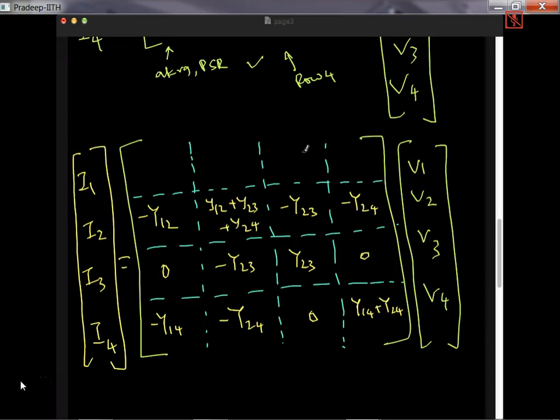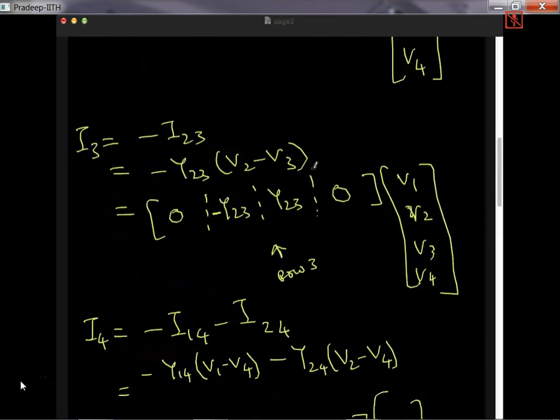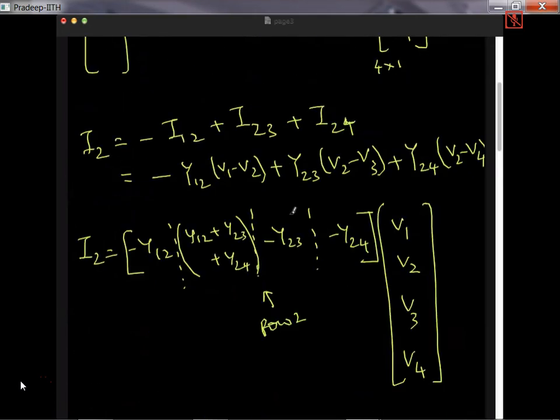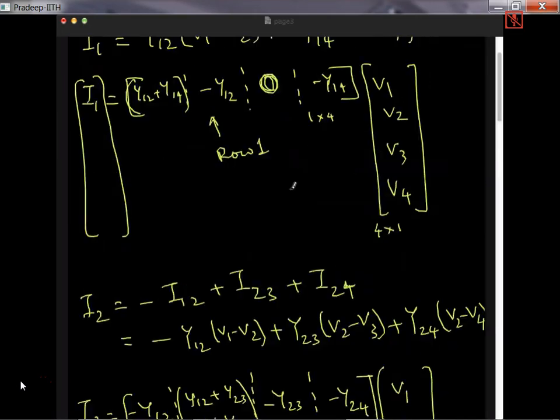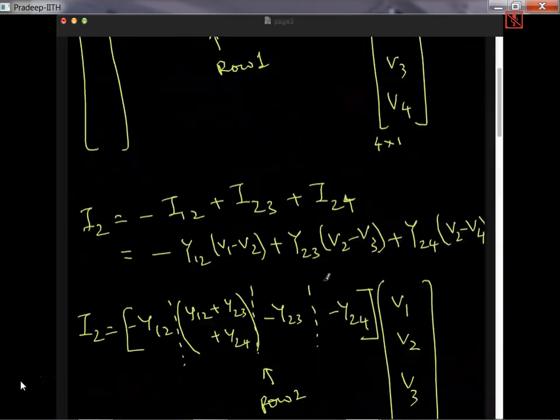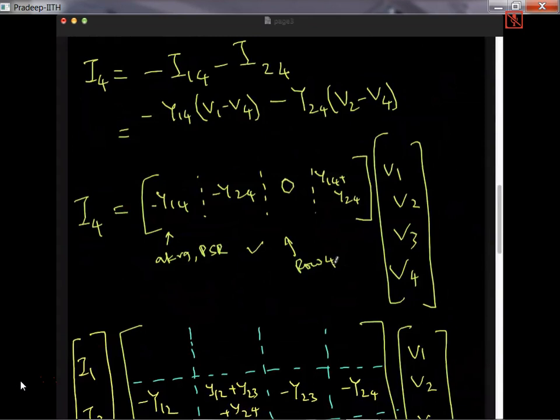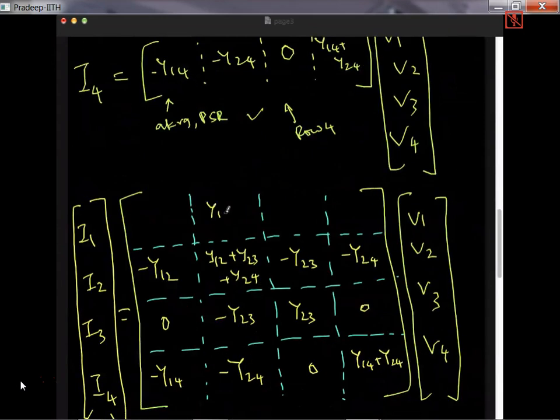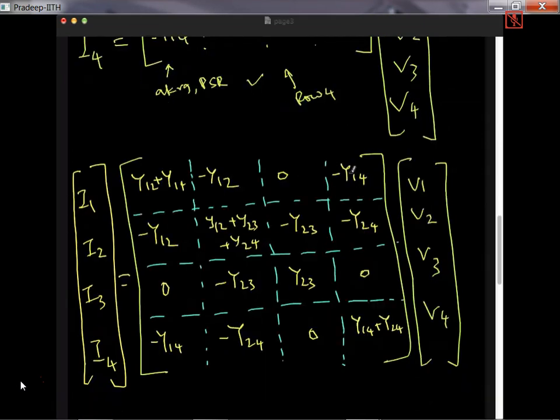Similarly, if you go to the first line, I have I1. So that is 1, 2, 0 and 1, 4. So Y12, 0 and then Y14, and this is with minus sign, and this one will be Y12 plus Y14, like this. So this way you are able to complete the matrix.